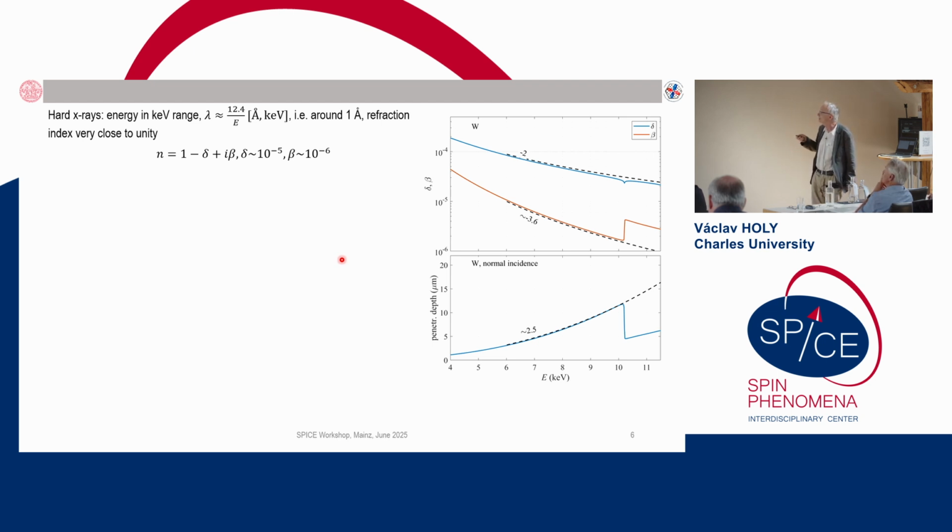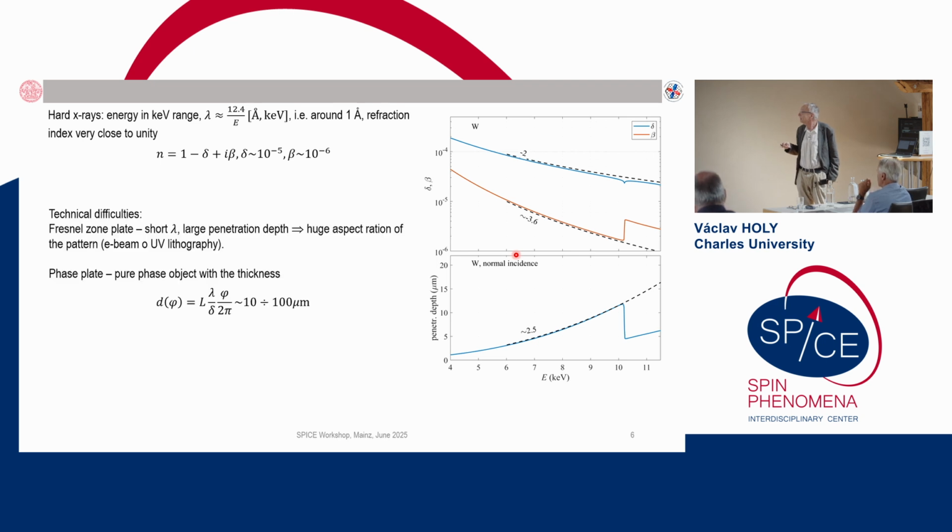Concerning the refraction index, maybe you remember from the textbook that the refraction index for hard X-rays is less than unity. The difference between 1 and the refraction index is something like 10 to minus 5, the real part. The imaginary part is 10 to minus 6, and this difference decreases with increasing energy. These are the absorption edges.